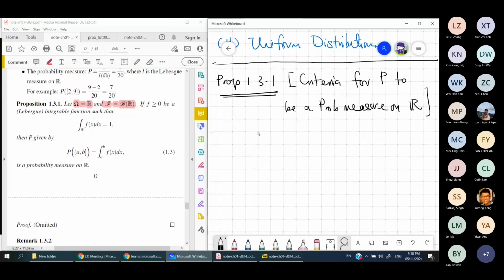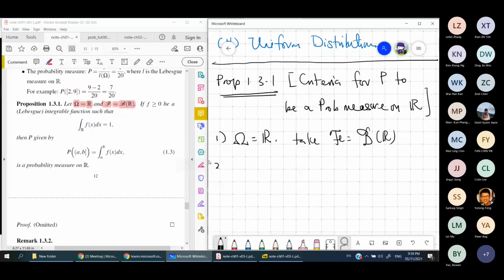First, the setting will be omega is R, and then we take script F to be the Borel sigma field. So this is already fixed. Whenever we have an interval of R or R itself, we always take the Borel sigma field.